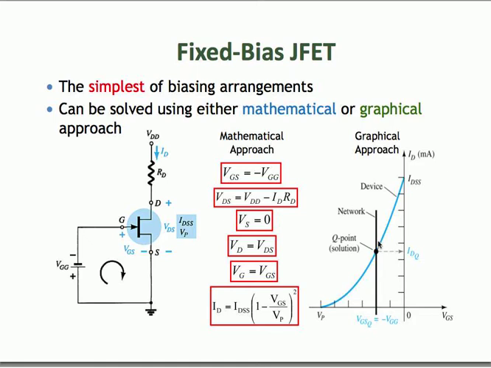The intersection between your load line and your transfer characteristic, your drain current line, gives you your Q point. From that Q point you get the drain current, and using the magnitude of the drain current you can solve for whatever voltages you are interested in finding out in the circuit.